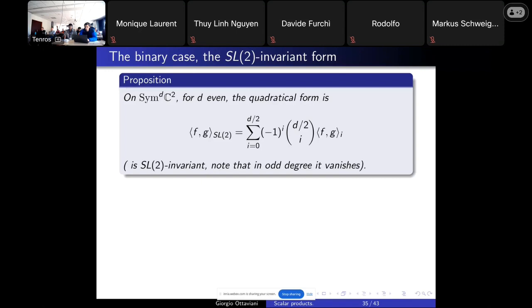Recall that SO2 is just a poor object, just a circle. So it's a torus. It's very simple, and this is much, much larger. For example, the first non-trivial case is d equal 4, and they were called classically anharmonic quartics.